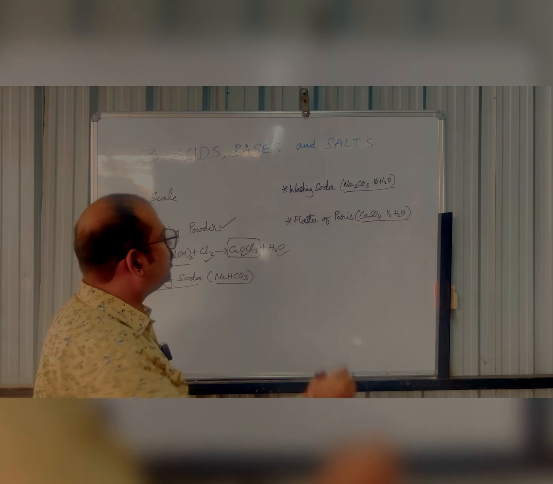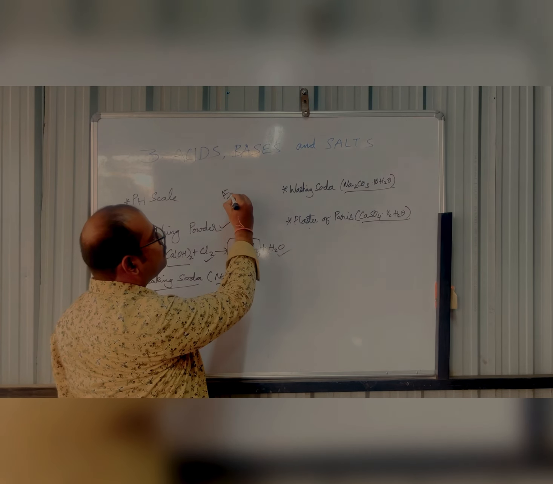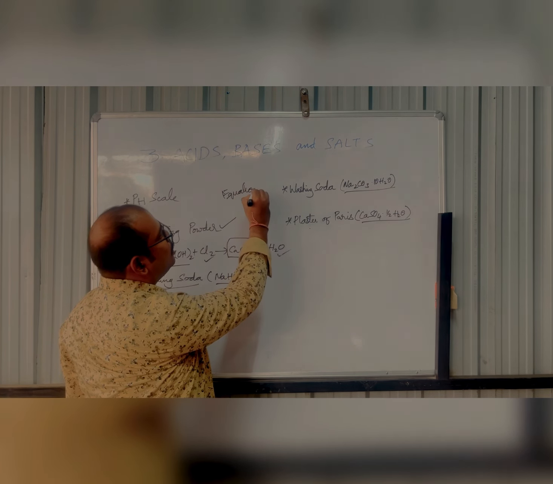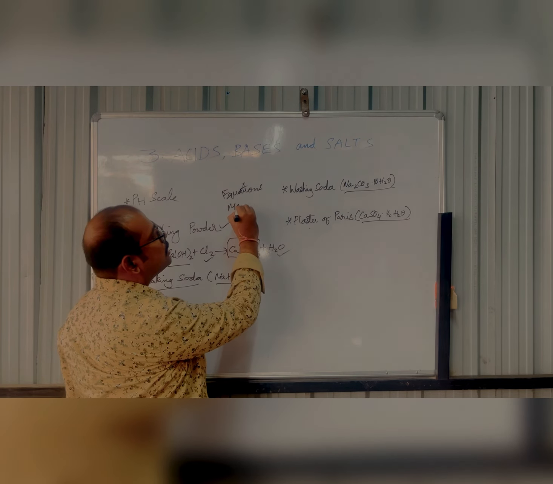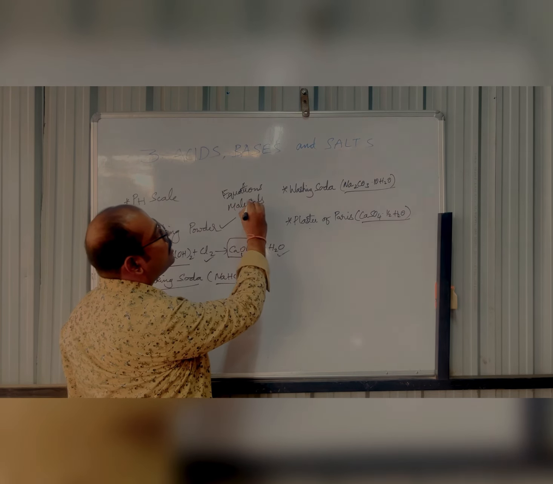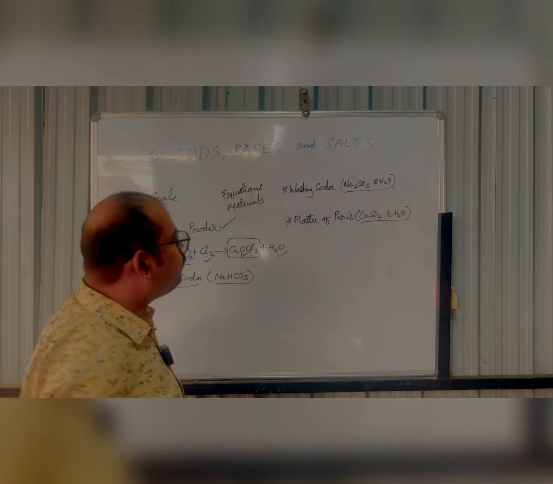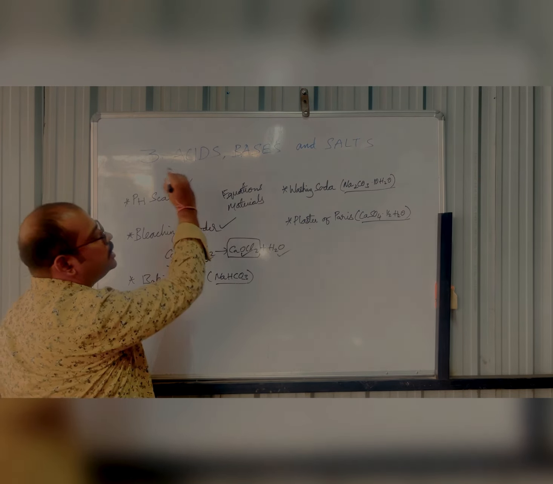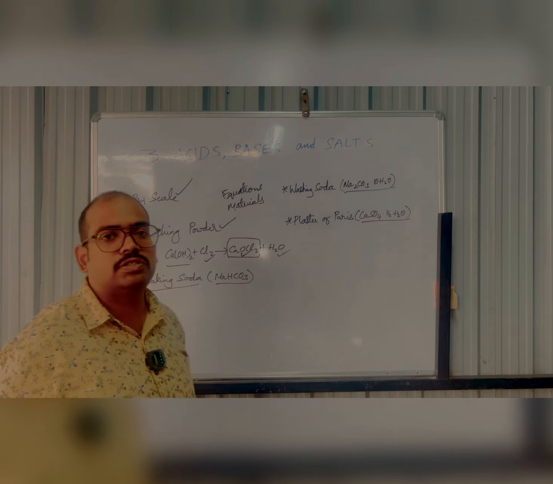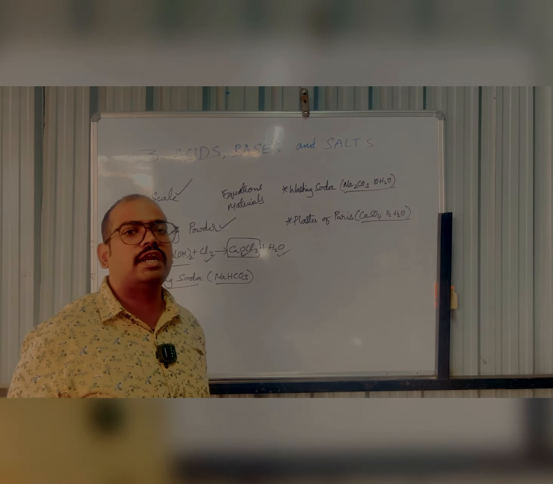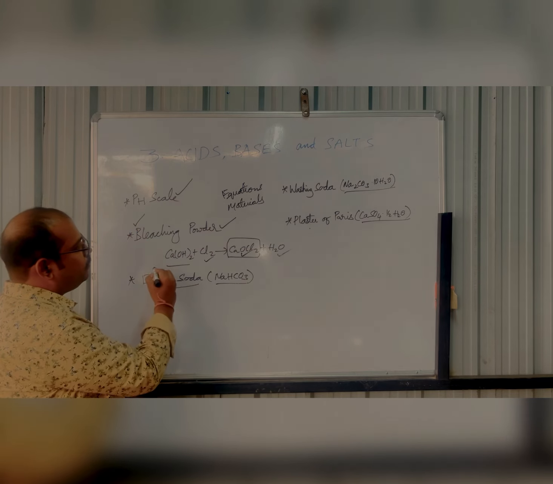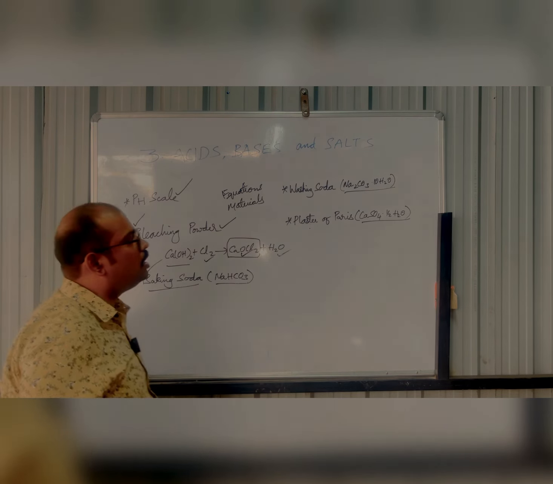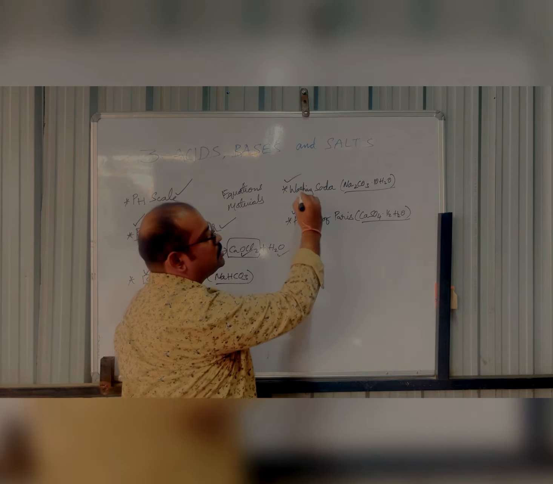So the first part we have studied about the equations, and then we have studied about the materials required and the experiment. And then after that we have studied about the pH scale, how pH scale is useful and what are the different readings in the pH scale. Then we are reading about the bleaching powder, baking soda, washing soda and plaster of Paris.